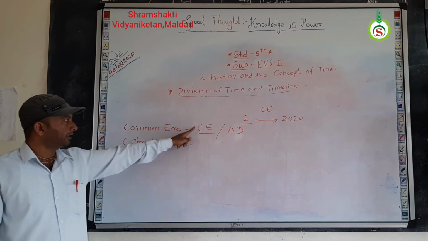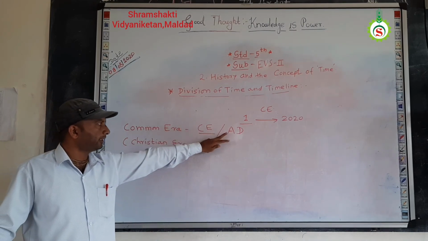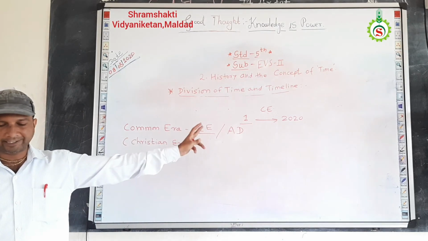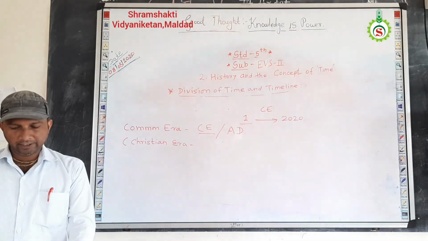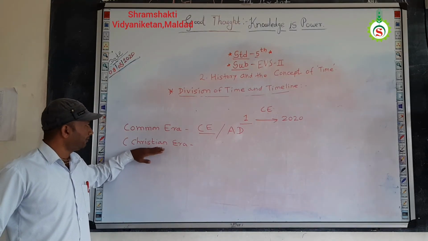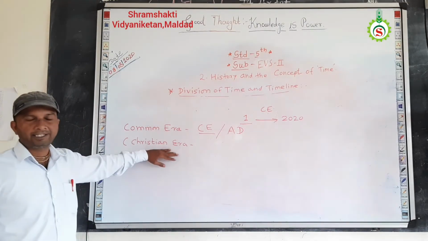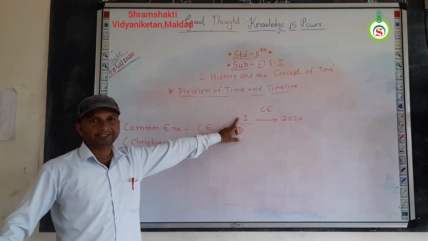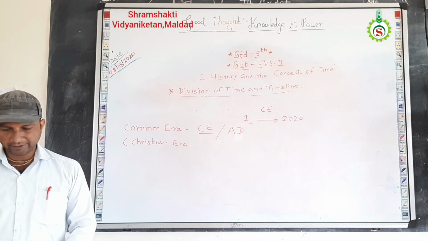Therefore, it is called Christian era, and it is also called Anno Domini. It is a Greek language. The meaning of that Greek word is in the year of our Lord. Means from the birth of Jesus Christ, the measurement of this time started. Therefore, it is called Christian era.